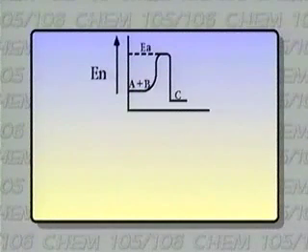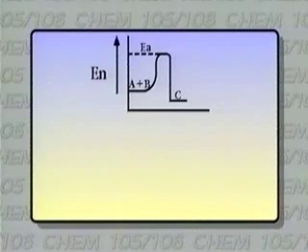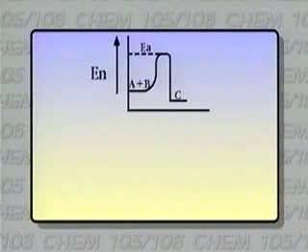So again, if we were to look at a plot, energy over here increasing, and we start with a couple of reactants, A plus B, then we get something like this. Here's product C. This would be an exothermic process.